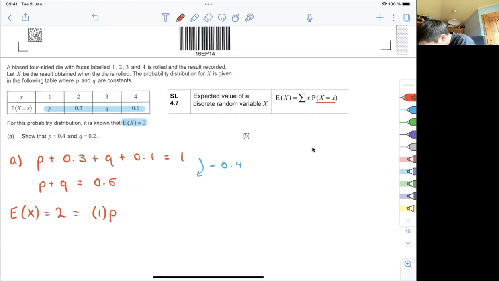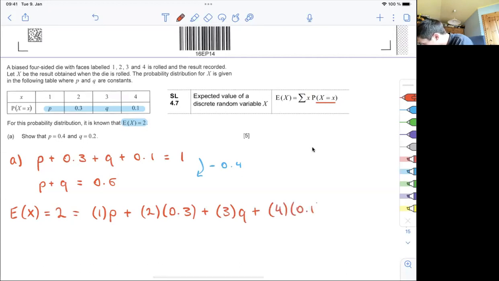Then moving on, we're going to add up the next one. So this is going to be 2 multiplied by 0.3, then plus 3 multiplied by Q, plus 4 multiplied by 0.1. And so that's going to have to equal 2.